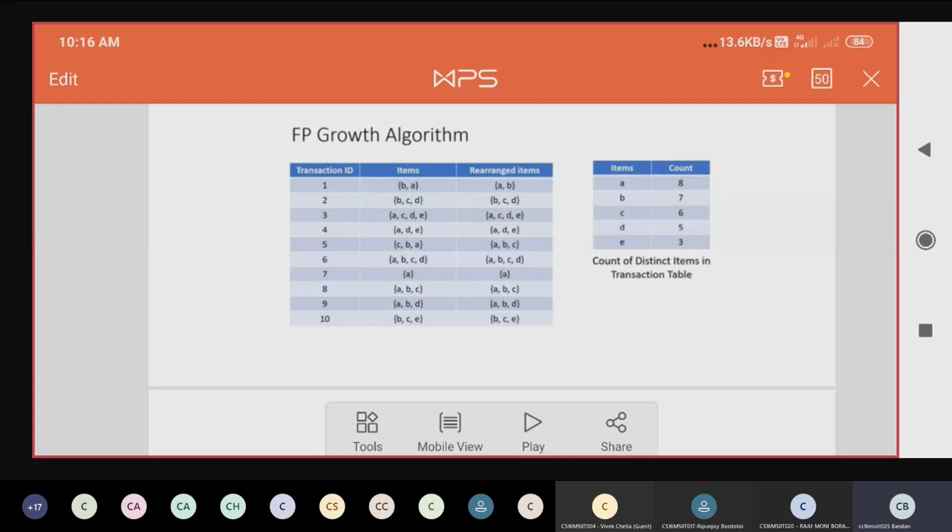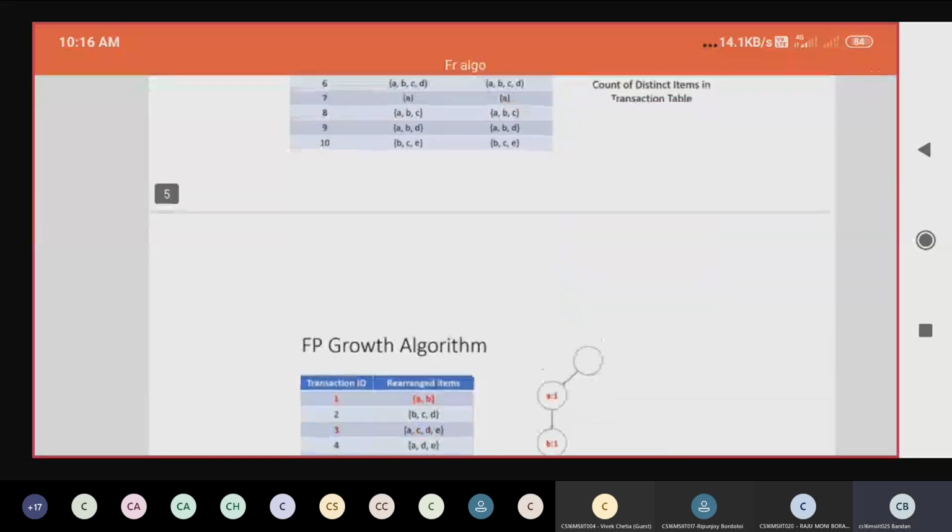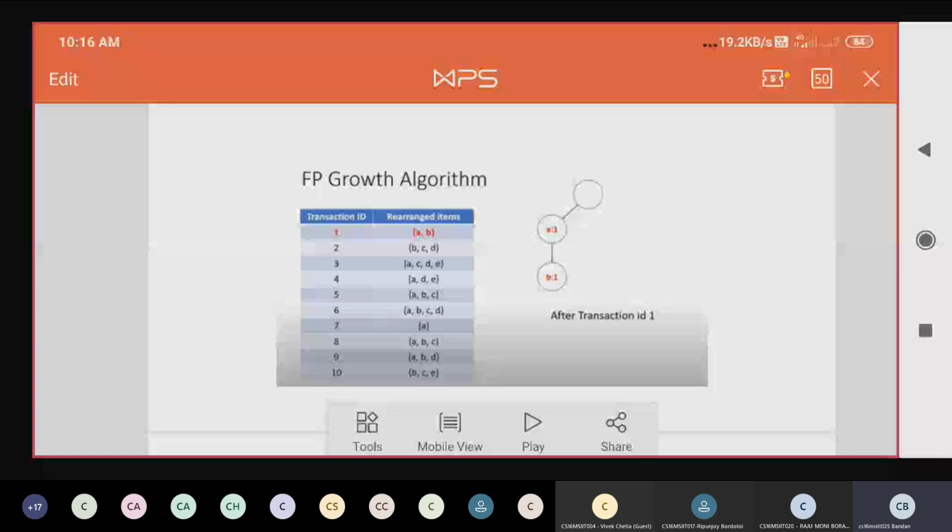So this is the original set of transactions and this is the rearranged set of transactions. We start with a null node, and as you can see, this is the null node. We scan through each and every transaction: here you see A count 1 and B count 1, so A and B are 1 after transaction ID 1.